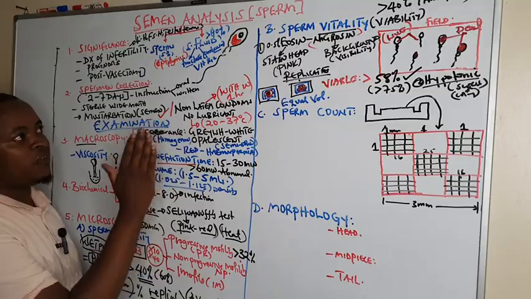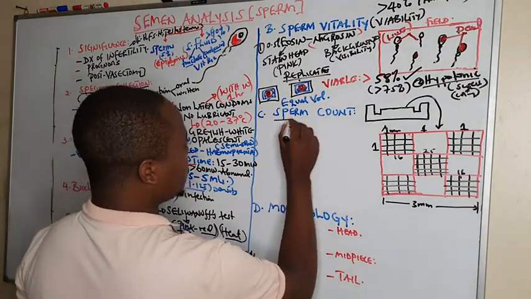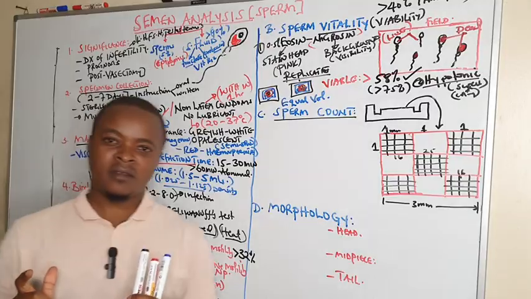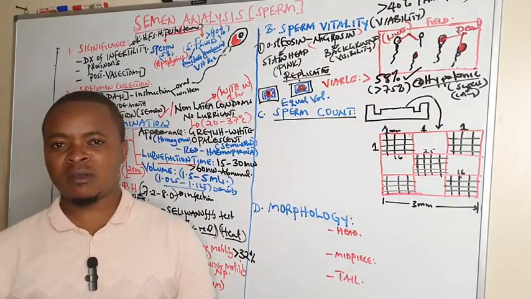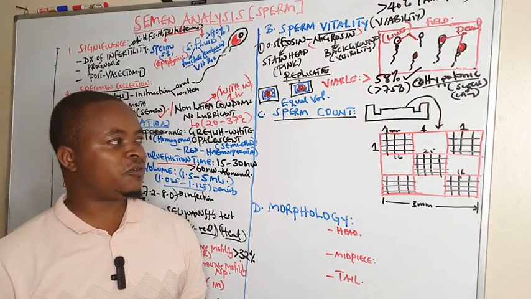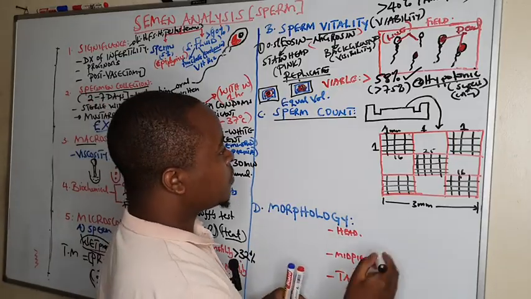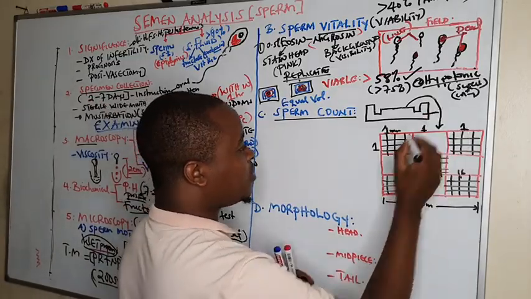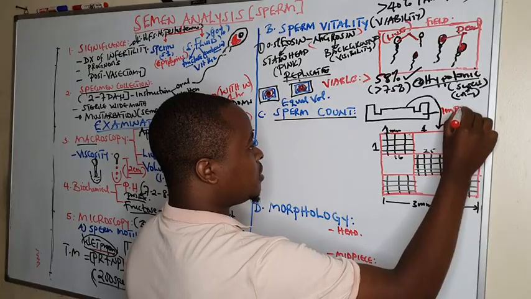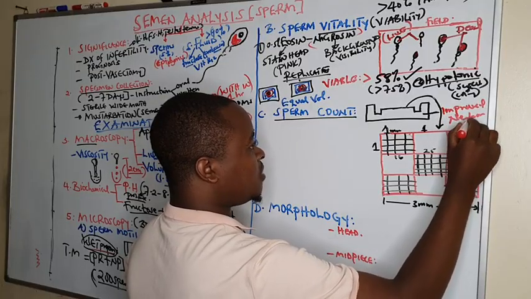So after looking at the vitality testing, next is what we are calling sperm count. And here, we want to count how many sperms this patient has, because sperm count is very essential. And we use a counting chamber known as improved Neubauer.